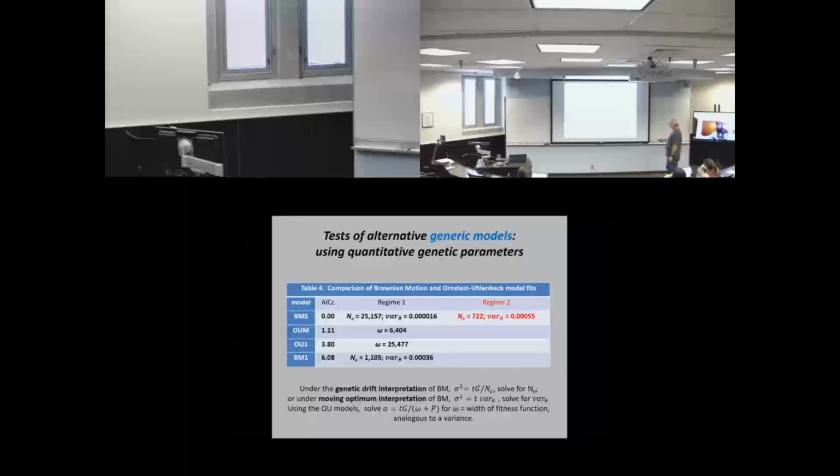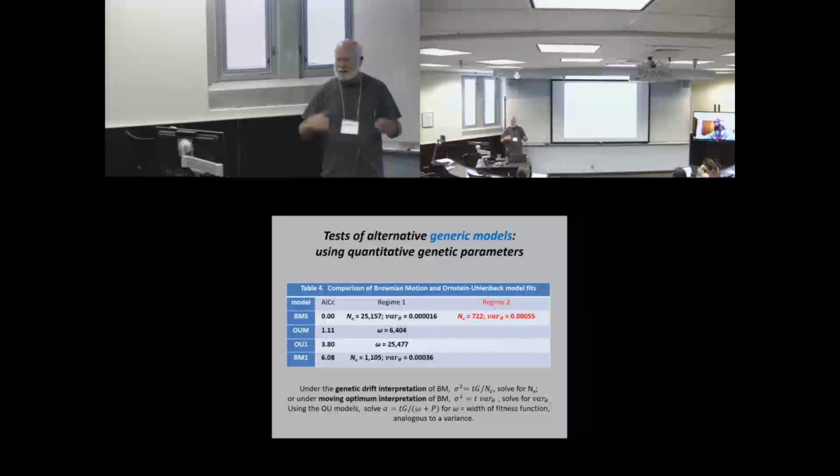If we go to the OU models, this is our best fitting one. We get an estimate of omega of 6,000. So that's pretty large. Under these poor fitting models, it could be quite large. But still, 6,000 is really weak selection. This is confirming what we saw in our simulations, right?